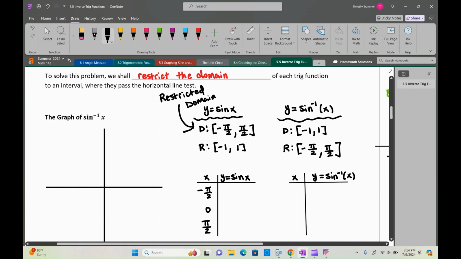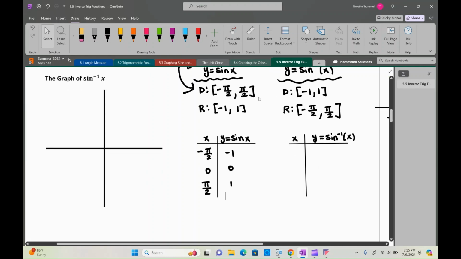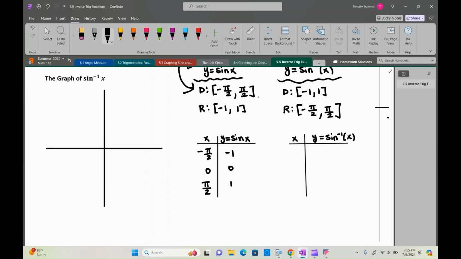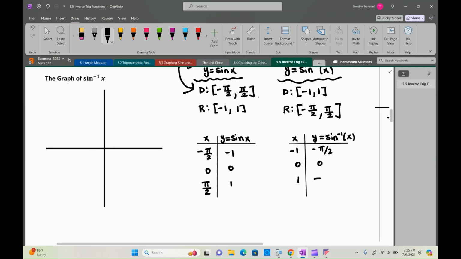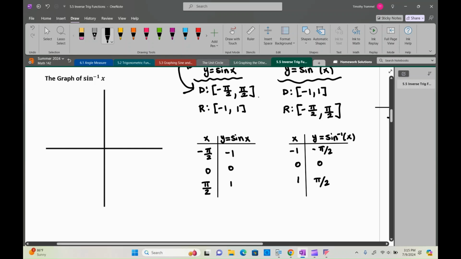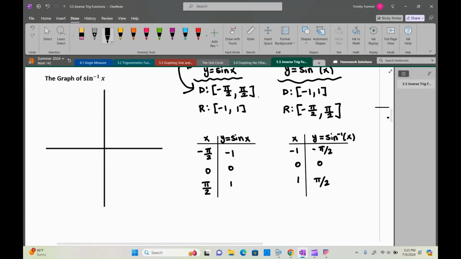And we found the y values. They were minus 1, 0, and 1. So what's going to happen then with sine inverse is now the inputs are minus 1, 0, and 1, but the outputs instead are the angles. There we go.